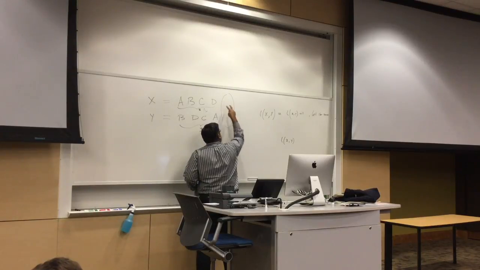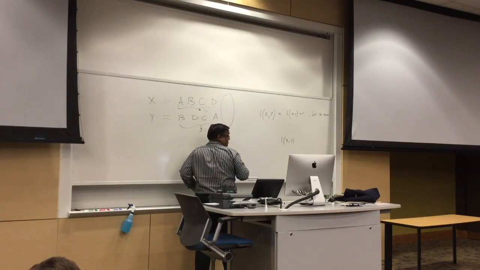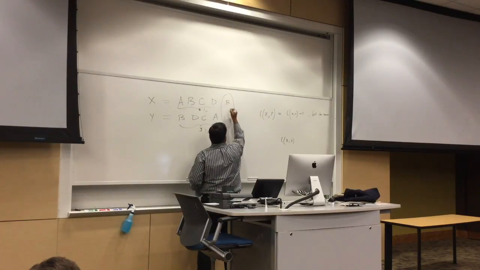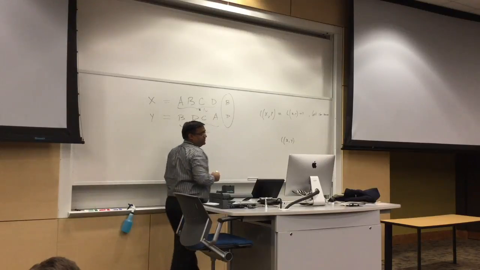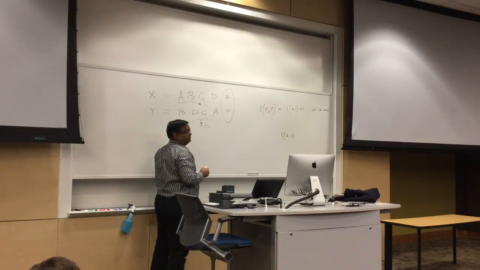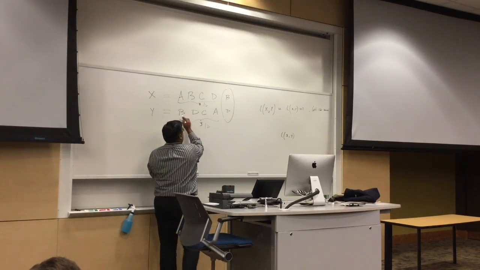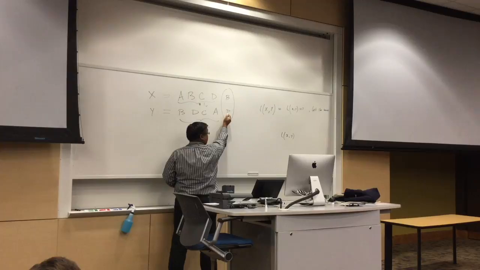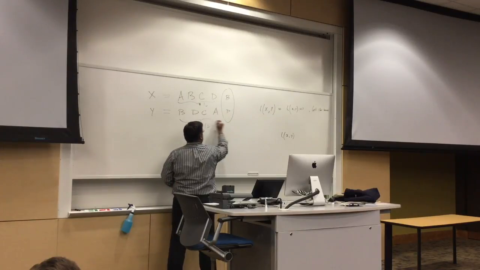But if I add different characters, will it always be 2? No. Okay, good. So if I add B here and I add D here, this gives you BCD, this gives you BCD. You see that? So adding this D here, the whole thing now became 3.